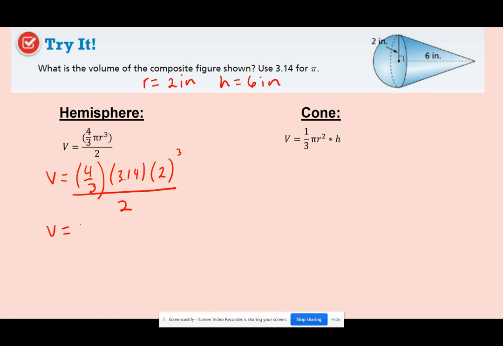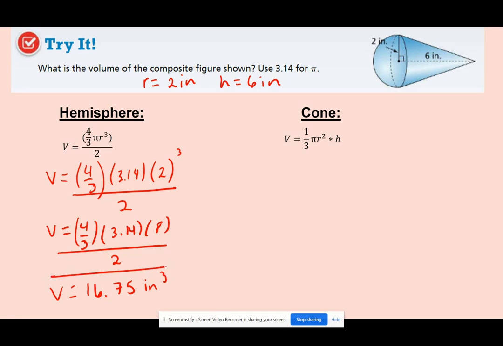So we have volume equals 4/3 times 3.14 times 8 over 2. All right, and our final answer after we simplify all of this should be, let's see, 16.75 inches cubed. So that is the volume of the hemisphere.